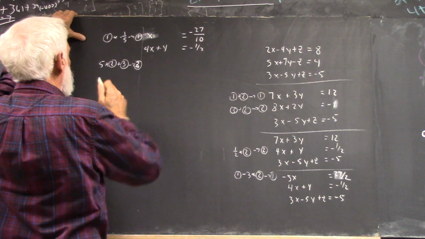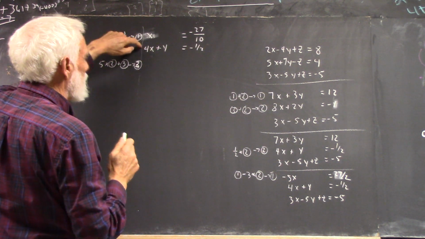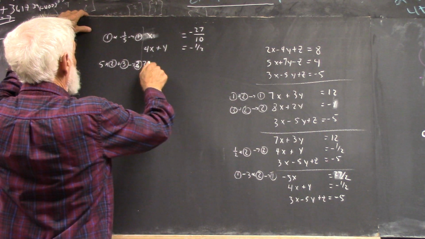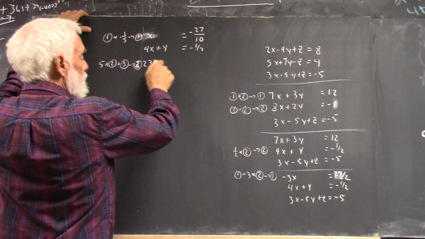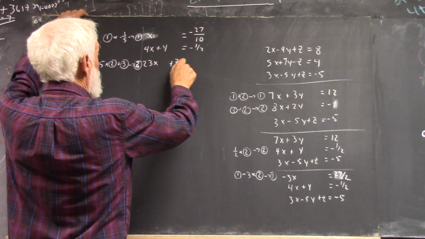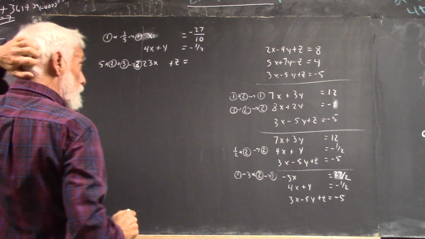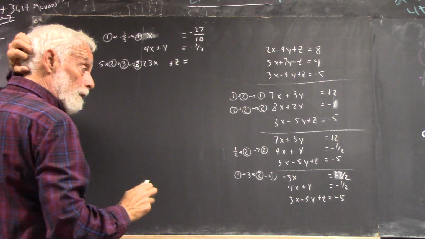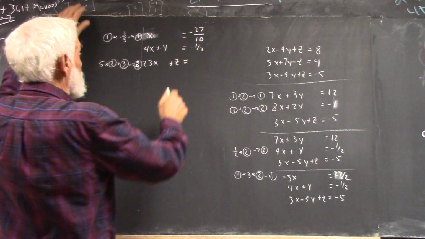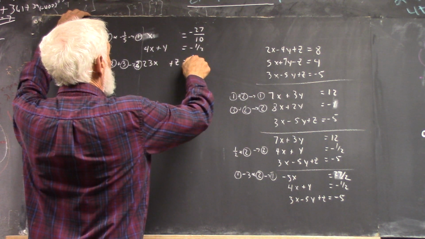Okay? So 5 times 4x is 20x. Add that to 3x, we get 23x. That's going to take care of y. And then I've got to add 5 times the -1/2. That'll be a -5/2 added to a -5, giving me -15/2.